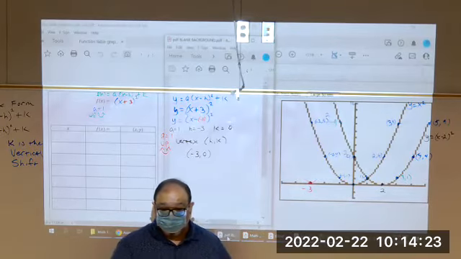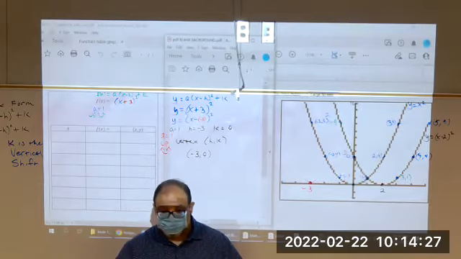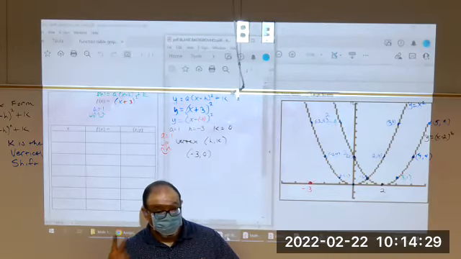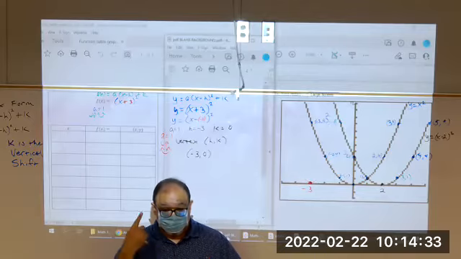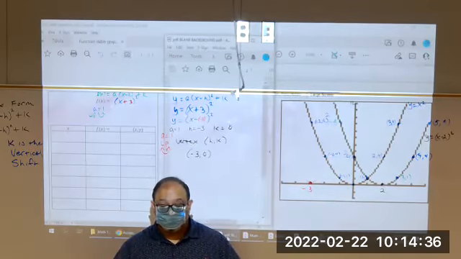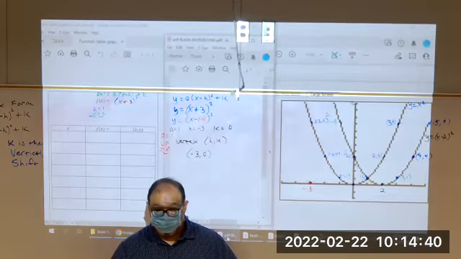Once you establish the vertex, what should we do next? If I want 5 points, you only need to plug in 2 more numbers and then you use symmetry.